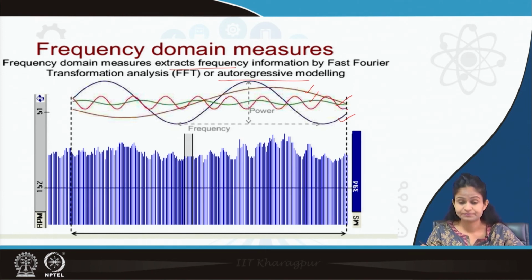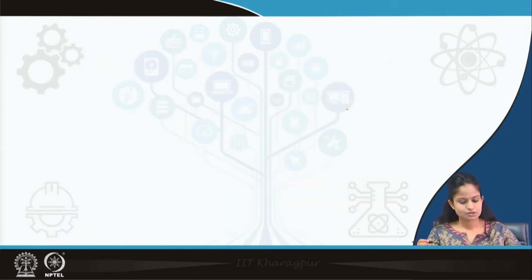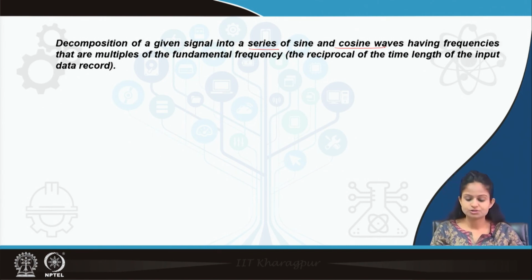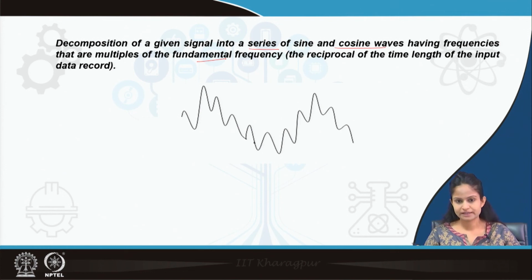This means there is a decomposition of a single series into various sine and cosine waves, which have frequencies that are multiples of the fundamental frequency, which is the reciprocal of the time length of the input data record.